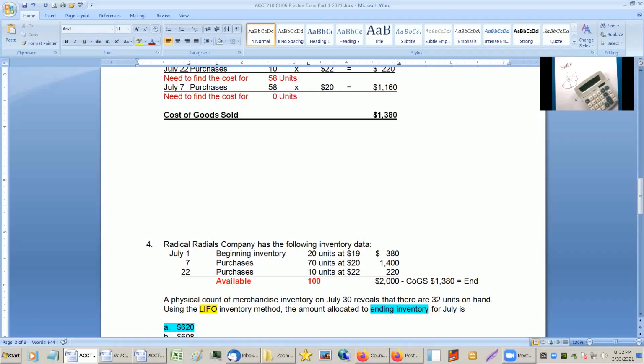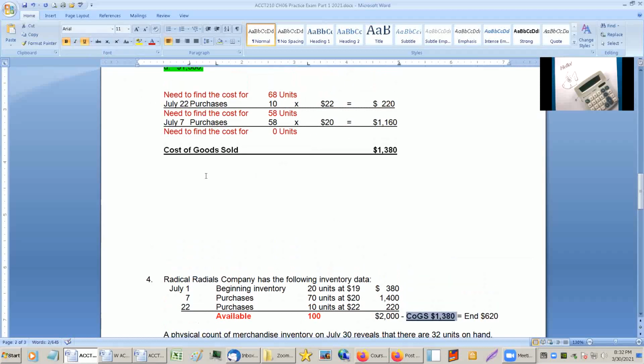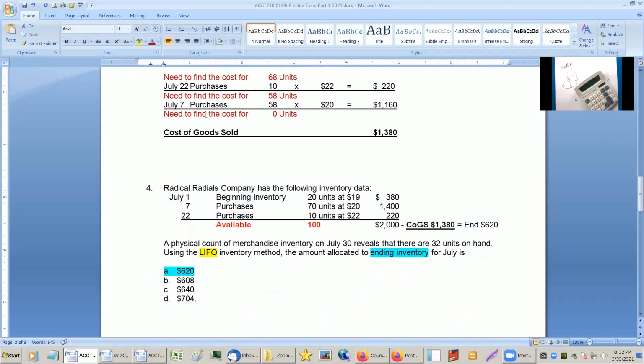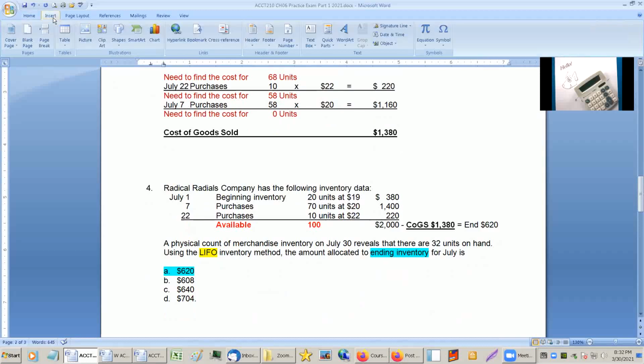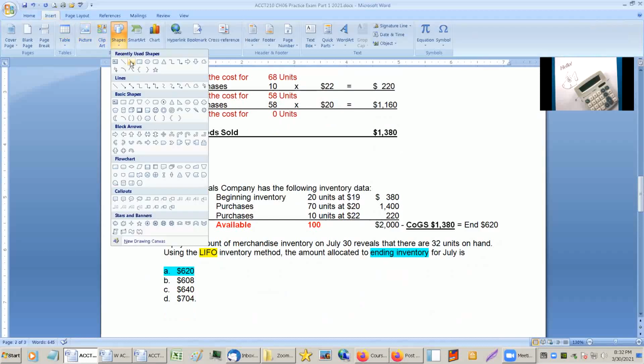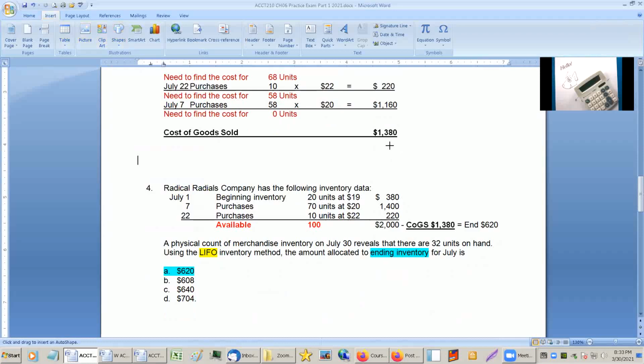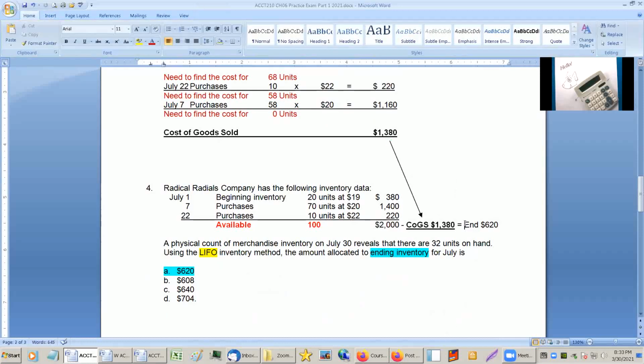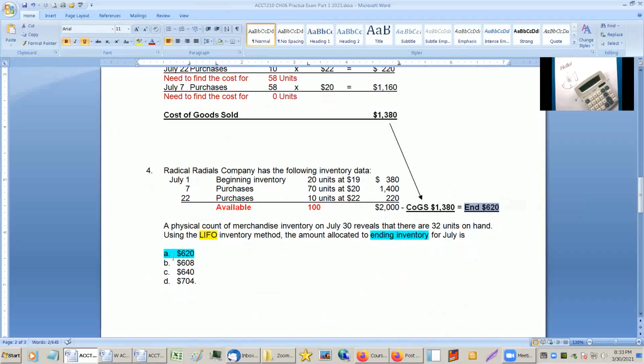Yep. Let me get these closer together. So that would be your ending inventory, and that is what we have here.